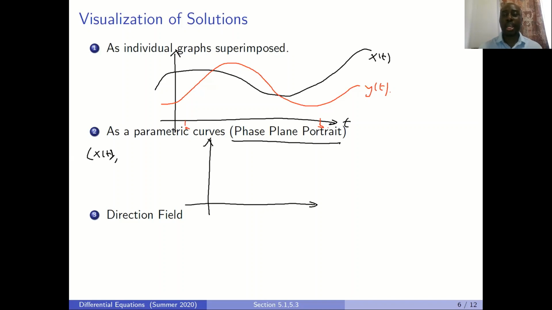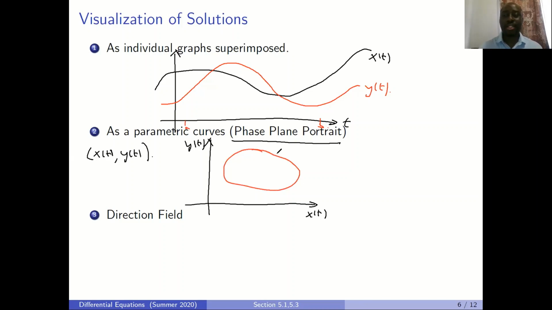So think about the curve that is defined by x of t and y of t as parametric equations. I can put my x of t on the x and my y of t on the y, and I can think about, well, what is the curve that is defined by these 2 parametric equations?